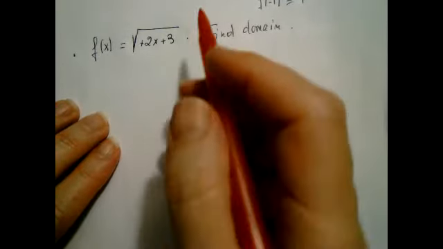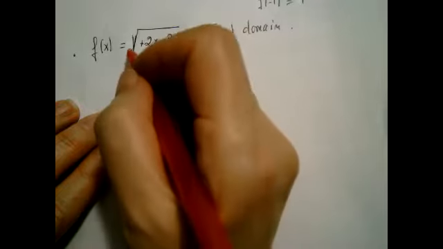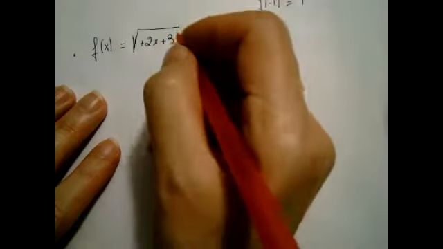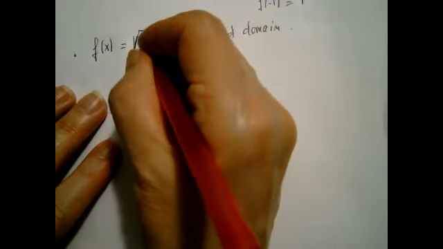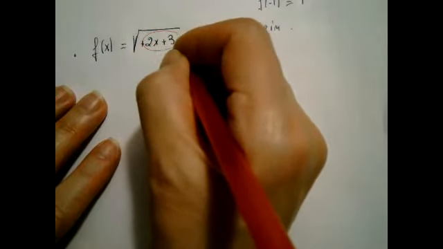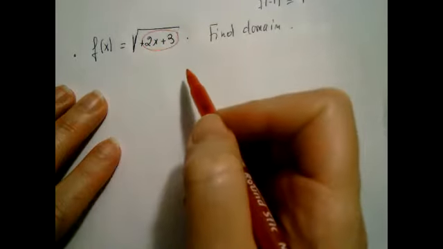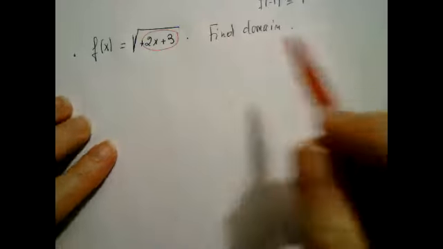What's the condition here to find the domain? Because I have a square root, I have a problem. The only x's I'm going to allow here are the x's that make 2x plus 3 positive. That's our restriction.